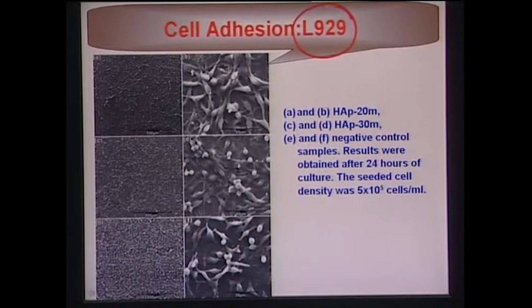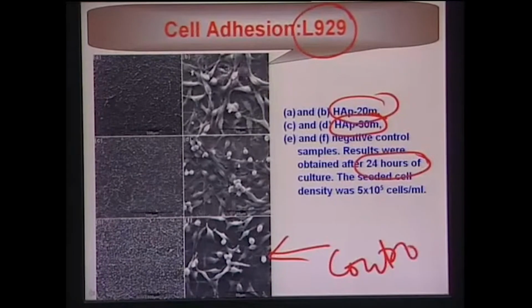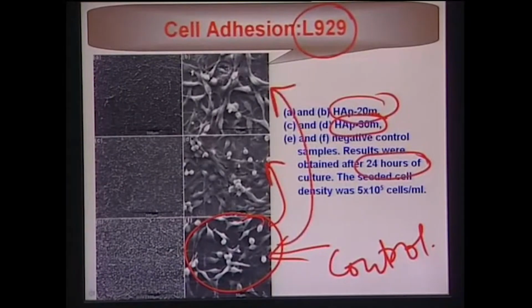Now, L929 is the mouse fibroblast cell, the connective tissue cell of the mouse. These are cultured for 24 hours on pure hydroxyapatite, 20% mullite, 30% mullite, and this is your control sample. If you compare the cell adhesion as well as cell proliferation across these, you do not see much difference.